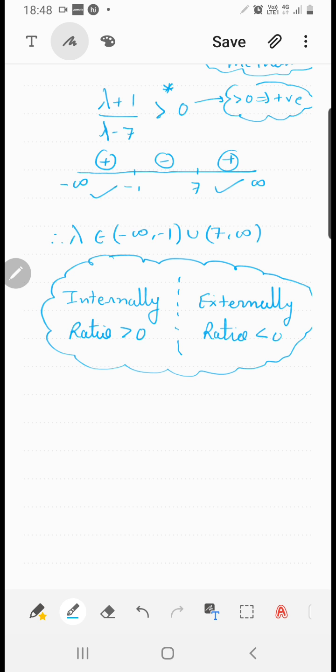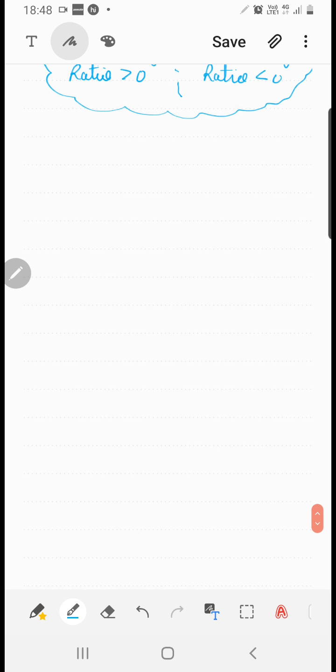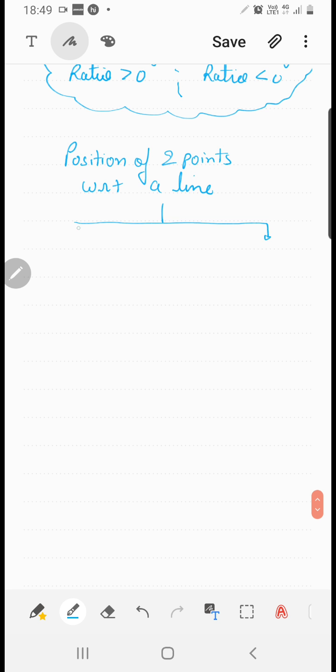Okay, now we move on to the second part of the note point, that is position of 2 points with respect to a line. Now when I say position of 2 points with respect to a line, there are two possibilities. Actually, they are speaking there are three possibilities, but technically, question wise, you can have two possibilities.